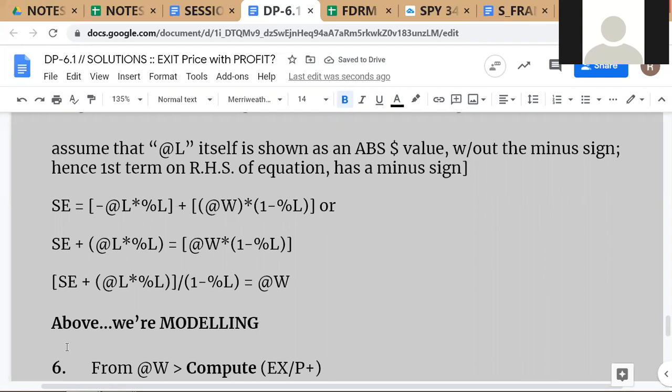Modeling average win, I think we have it down below also, as a function of SE, SE, average loss, and percentage loss.